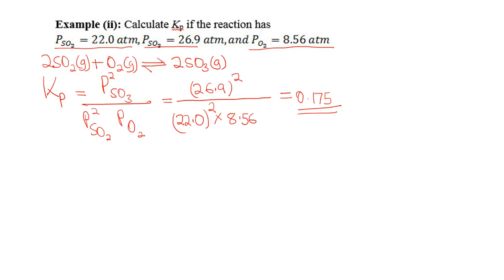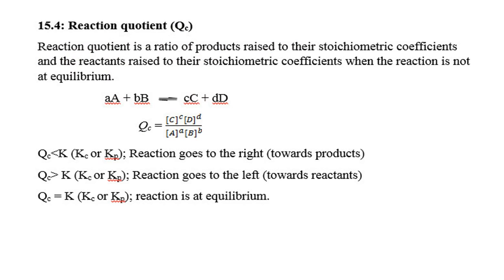You can see that I'm not really concerned with the units of the Kp. Sometimes the reaction is actually not at equilibrium. So in that case, we do not use Kp. We use what we call reaction quotient.